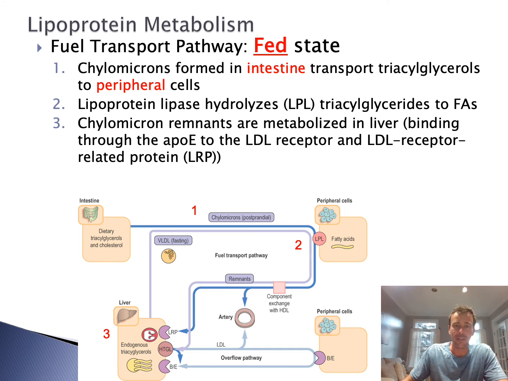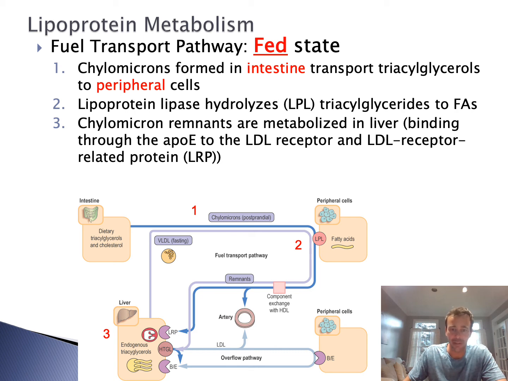During the fuel transport pathway in the fed state, chylomicrons are formed in the intestine. They transport triacylglycerols to peripheral cells, shown here. Then this enzyme called lipoprotein lipase hydrolyzes triglycerides to fatty acids.